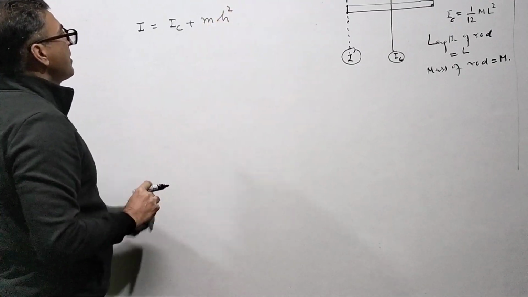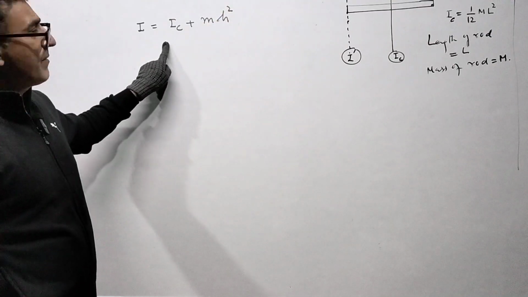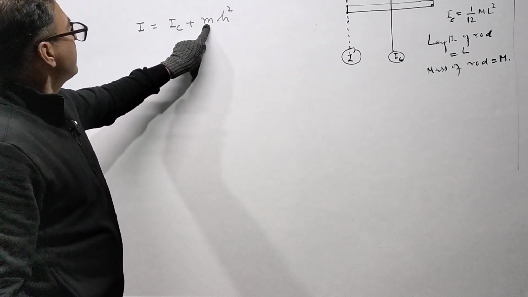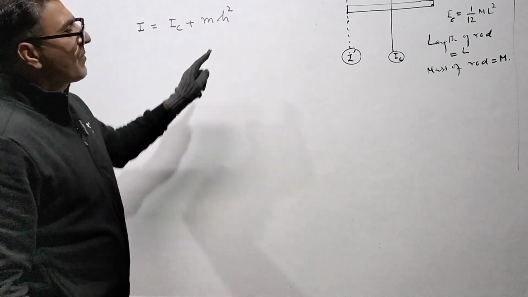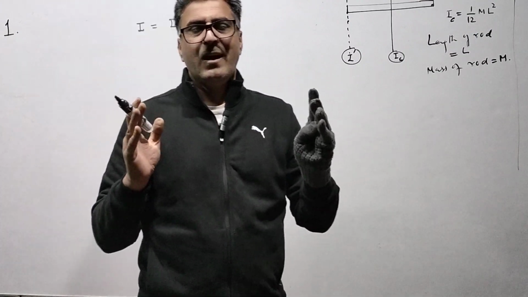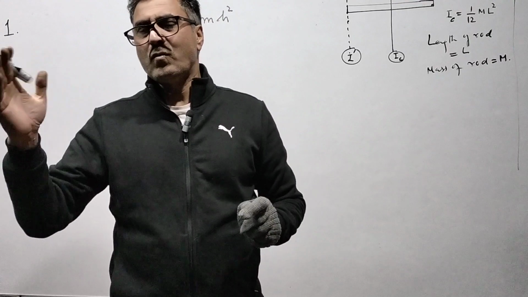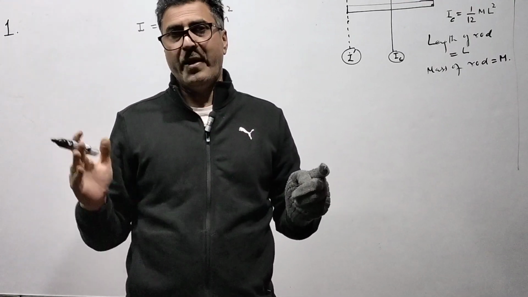This was the formula, where IC is the moment of inertia about the center of mass axis, m is the mass of the object, and h is the distance between the two axes, the center of mass axis and the new axis, the axis about which you have to find the moment of inertia.